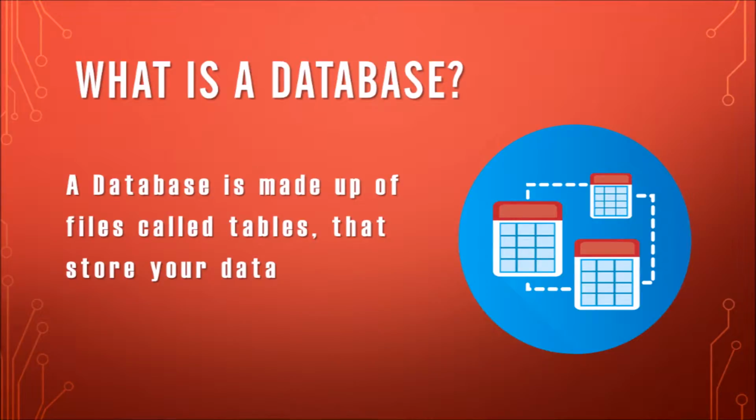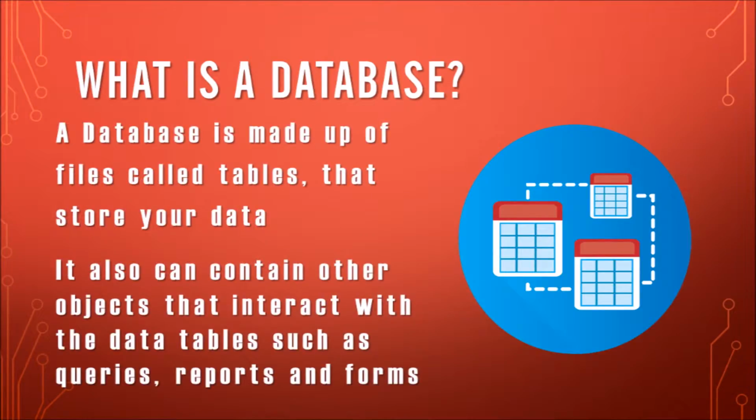A database is made up of files, basically, that are called tables, and that's where you actually store the data. You can have more than one table in a database. One database can have several tables, or just one, depending on what your need is. The database can also contain other objects that interact with the data tables, such as queries, reports, and forms.